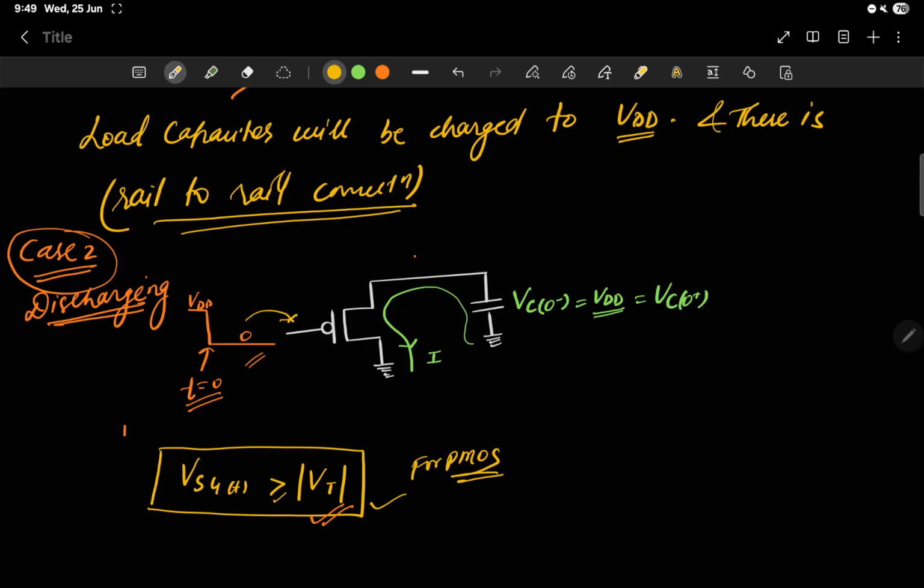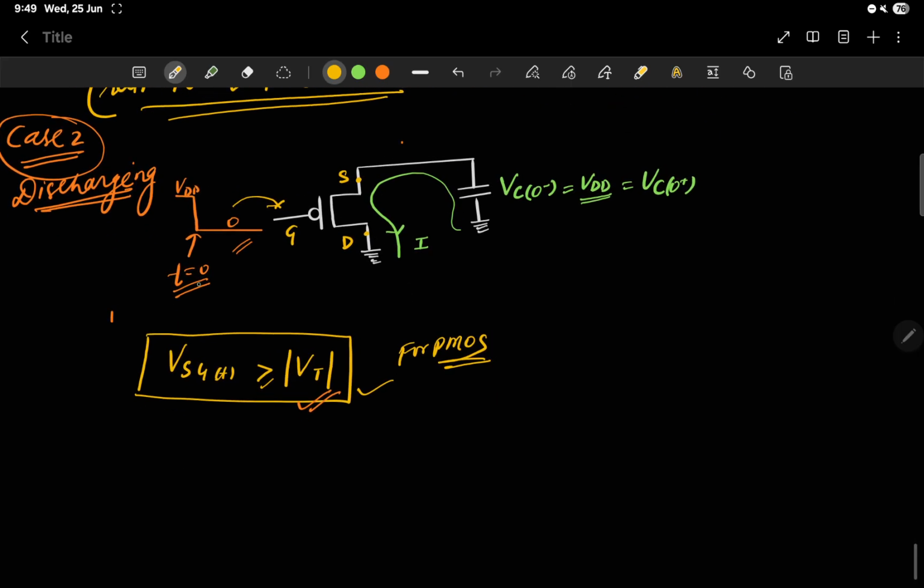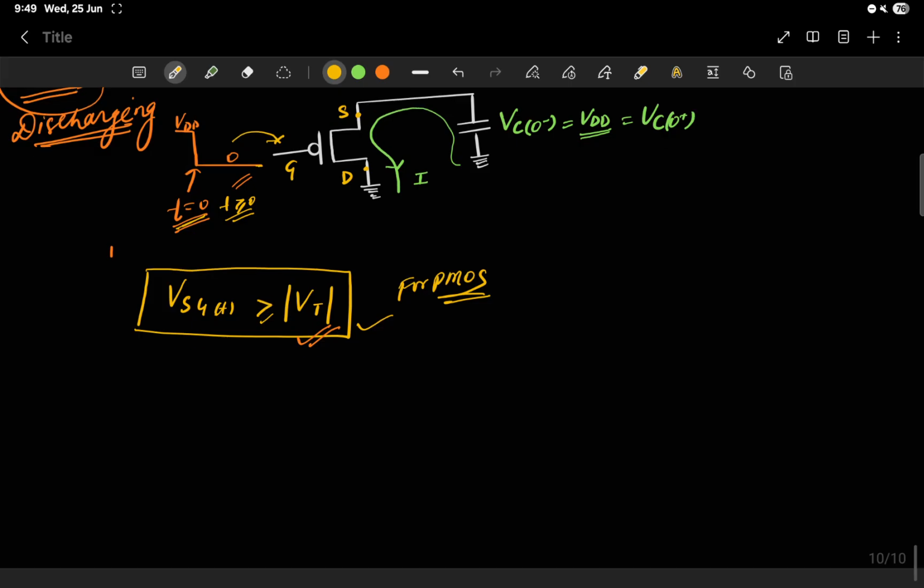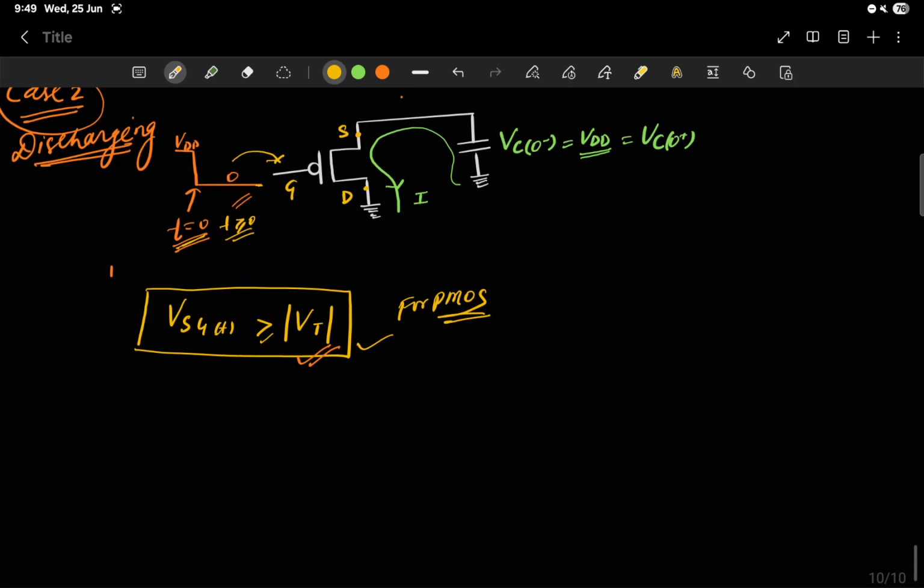This is my gate, this is my source, and this is the drain. At t equals 0 or t greater than or equal to 0, my voltage here is 0, so my PMOS will be on. Now let's do the analysis and see whether my PMOS will be on or off, and what the condition would be.